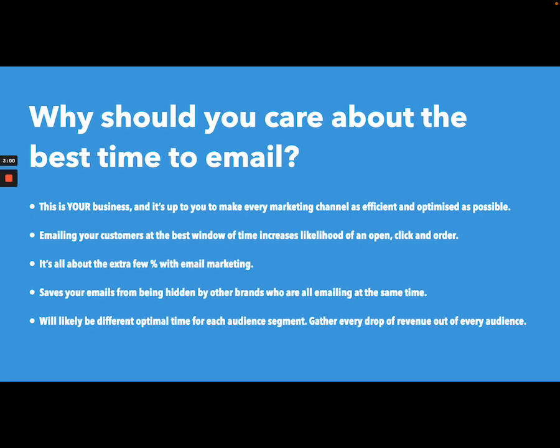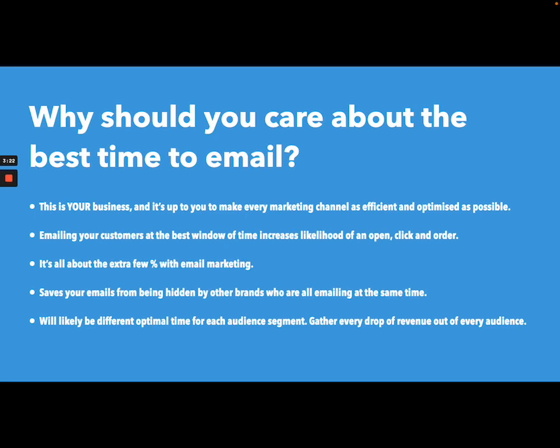If you have 50,000 people in a segment and you're getting a 2% higher open rate because you're sending at the proven best time, you're going to get potentially thousands more opens, right? Which could lead to thousands or hundreds more clicks. And obviously that leads to more orders as well.